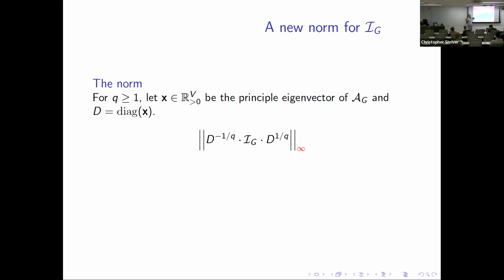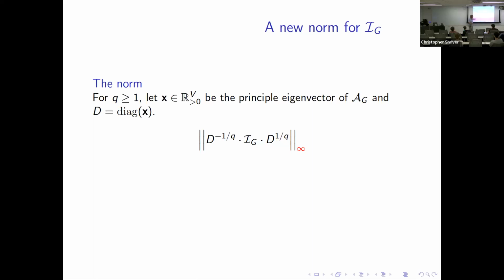I assume, of course, that the graph is connected, so the components are strictly positive. I multiply the influence matrix from the right side with D raised to 1 over Q, where Q is some number at least 1. From the left side, I multiply with the inverse of this matrix. And I take the infinity norm of the product.